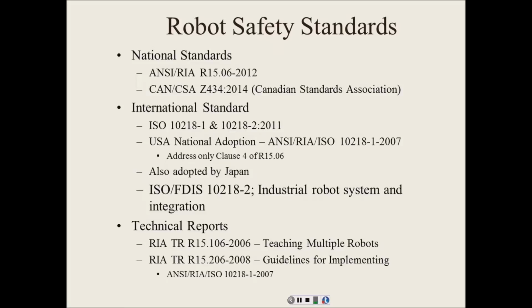And then, of course, we've got international standards. And what's happened is the RIA standard, which originally set it up, has been adopted by the international standard, the 10218-1 and the 10218-2. So odds are, if you go to work for somebody that has a lot of robots, you'll have to attend some training session on safety.